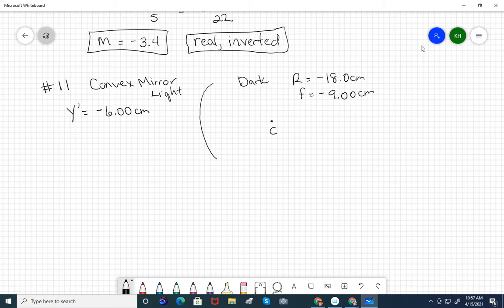They also tell me the location of the image, S prime. Then they also told me the height of the object. Nope, they told me the height of the object. The height of the object is 1.5 centimeters.